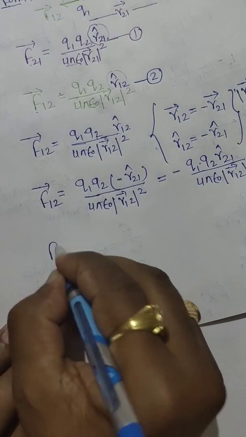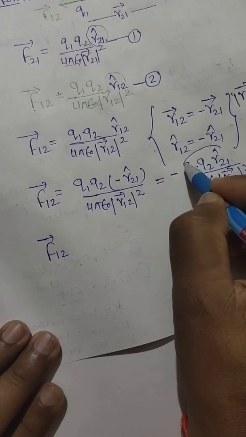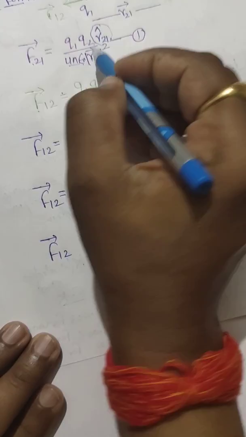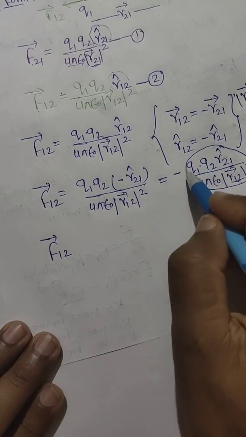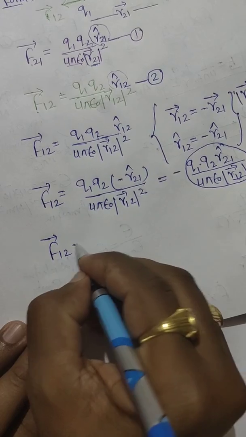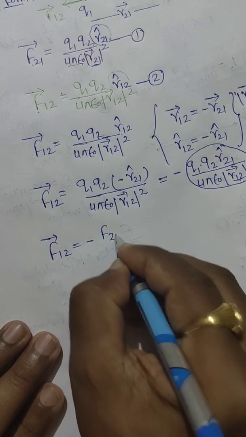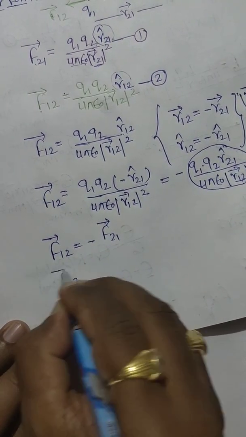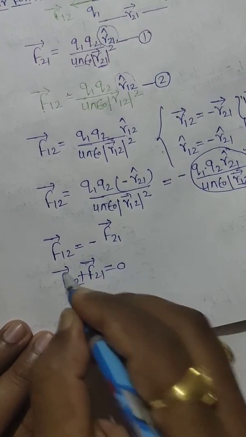That's why in F12, this term is equal, because this is a magnitude, so both values are equal. So we can write it in this form: F21. Okay, so F12 vector plus F21 vector is equal to 0.